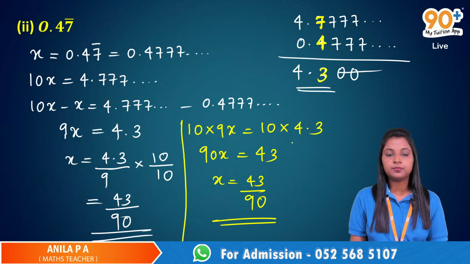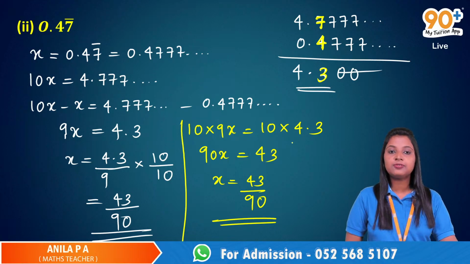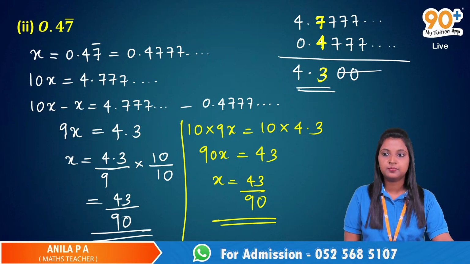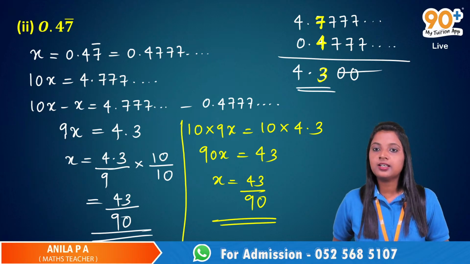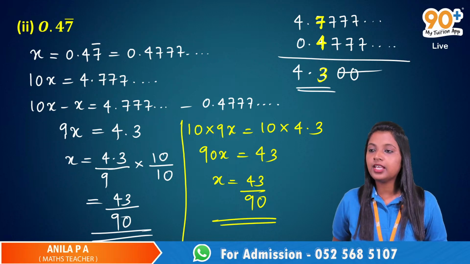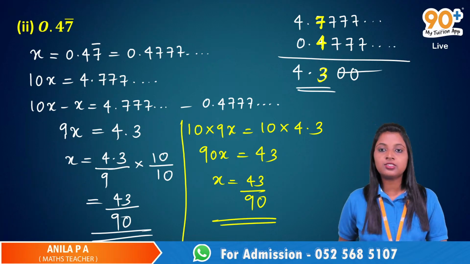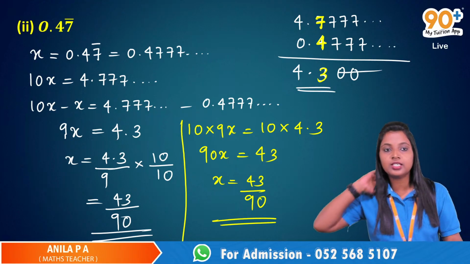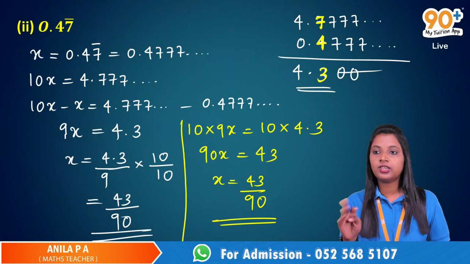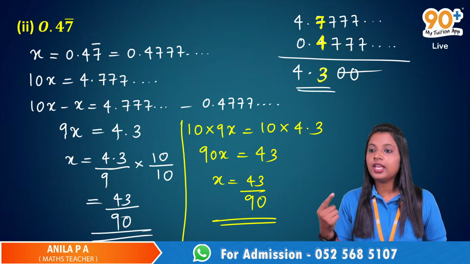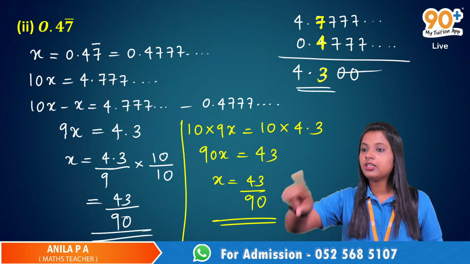Anyway, the answer is 43 divided by 90. Any doubts? If you raised your hands to answer the question, please lower your hands. Otherwise we can unmute them. No, you don't have any doubt.